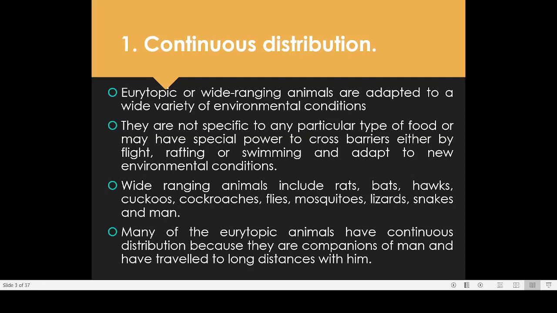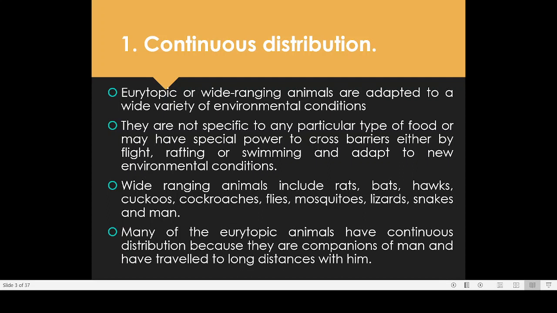That is, they have a continuous distribution from one end of the earth to another, or they are found in most of the important areas of the earth. Such animals which exhibit a wide range in their distribution are known as eurytopic.